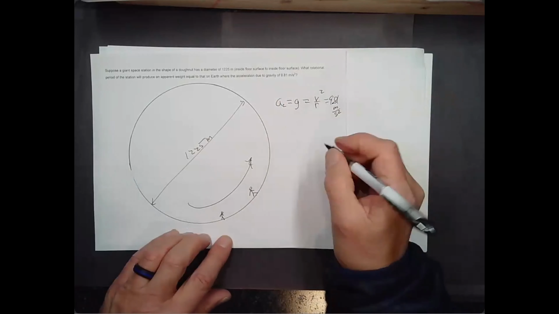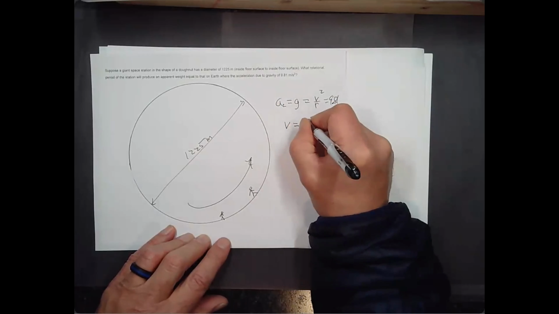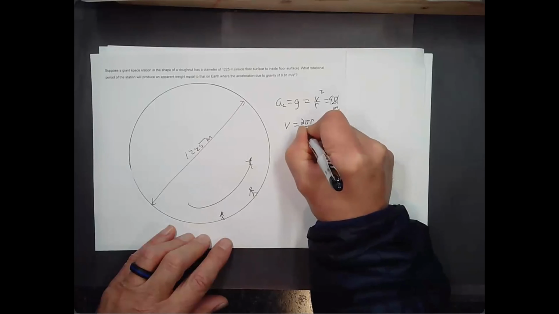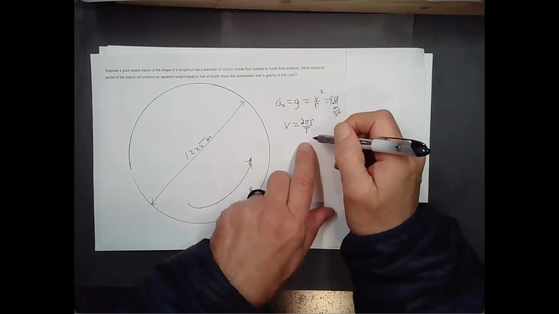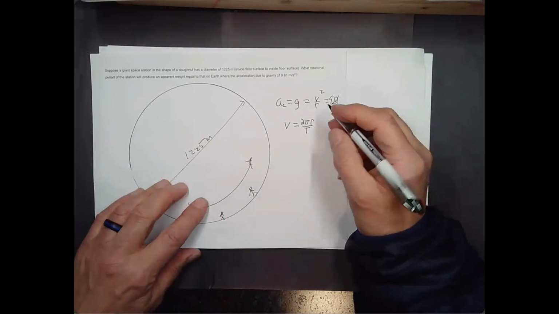Okay, well, on this one, I'm just going to go ahead and do v is equal to 2 pi r divided by the rotational period. We want to know how long it has to take to spin this thing.